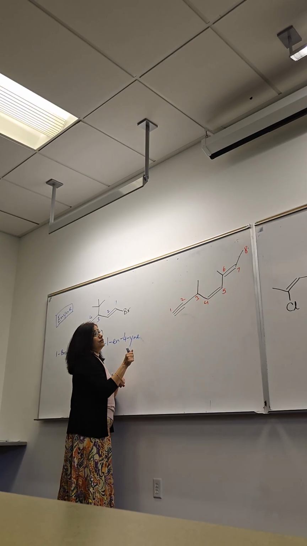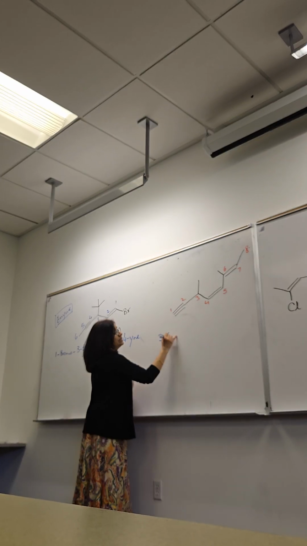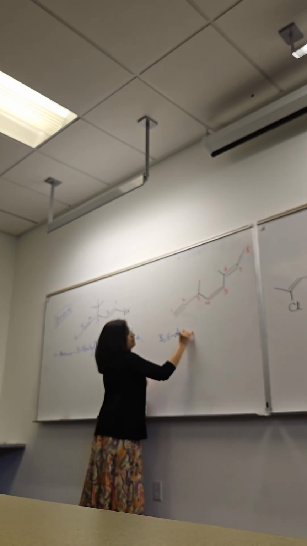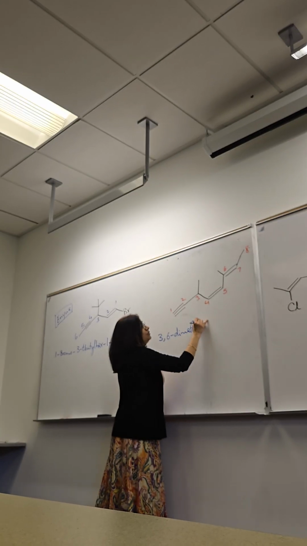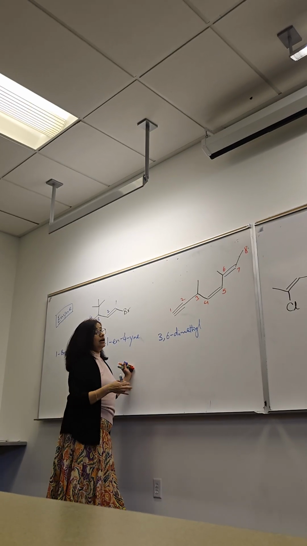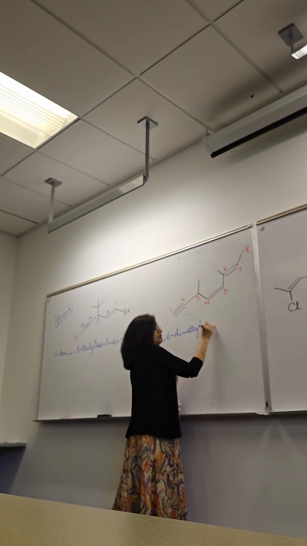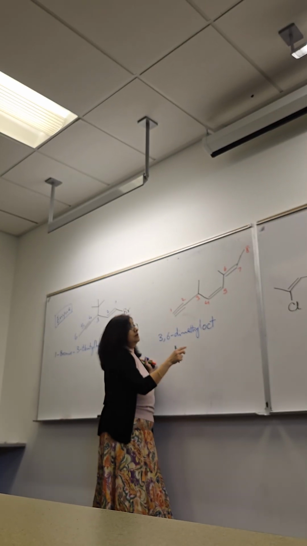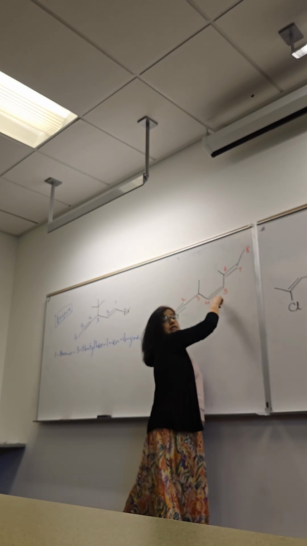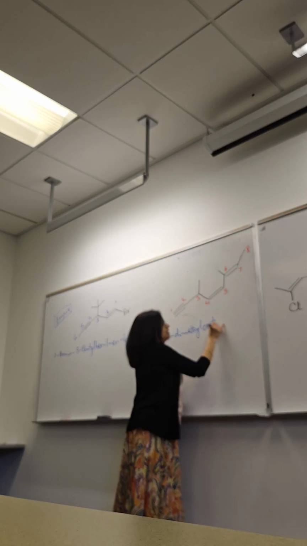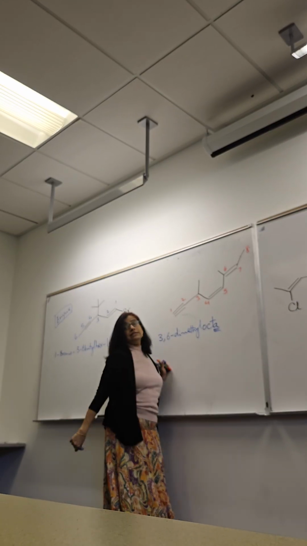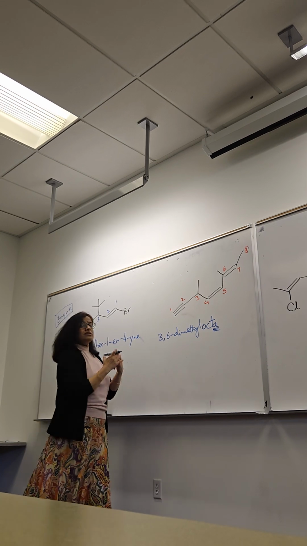So we have 3,6-dimethyl. Any other groups? No. Now the parent. 8. What is 8? Oct. But notice how there are 2 enes. Octa. Exactly.